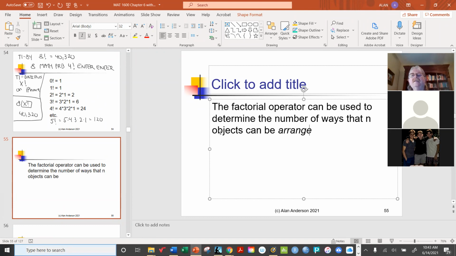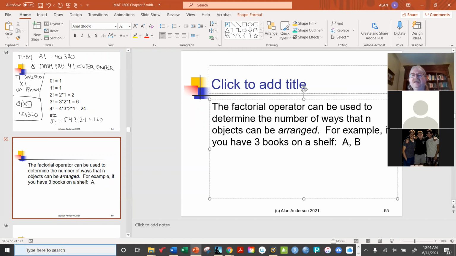Now, what do we mean by that? For example, let's say you have 3 books on your shelf, where there's only room for 3 books. We'll just call them book A, B, and C. Each of the following is an arrangement.